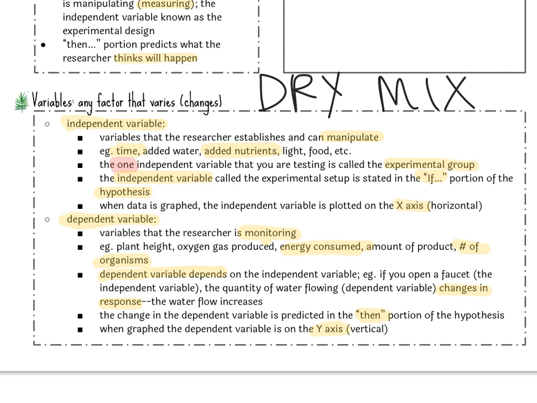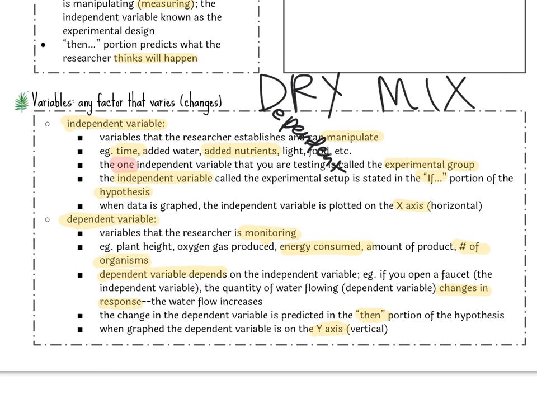I just don't have a lot of room on here. So this is a mnemonic device to help you remember which variable is what and which axis it goes on. Okay? So the D, hopefully you can guess that the D is for the dependent variable. And obviously don't write through your notes like this. Find somewhere else to write it.